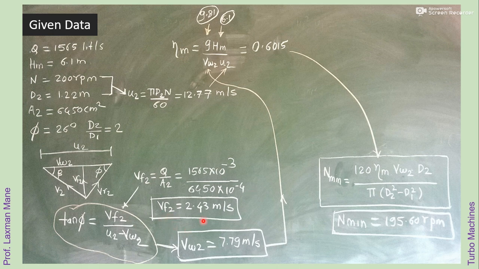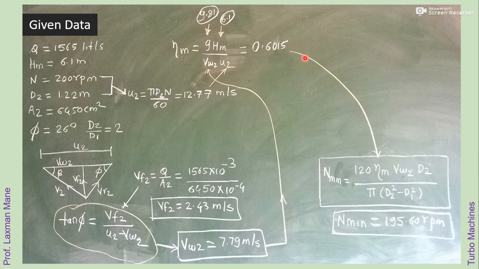So we find the Vf2 value. This Vf2 value we put in the equation of tan phi and we get the value of Vw2. Vw2 value and u2 value we put in the manometric efficiency formula, g value 9.81 and Hm is given 6.1. So putting all these values, we find manometric efficiency.